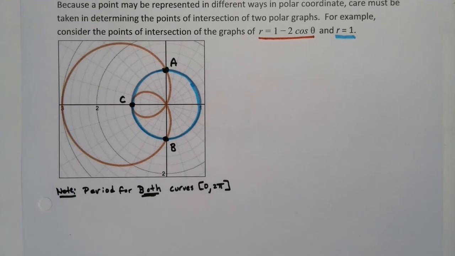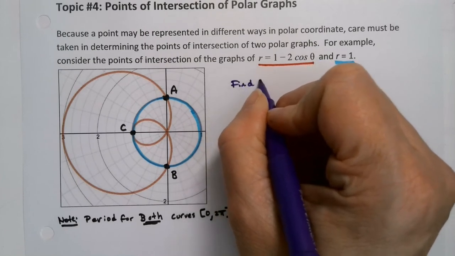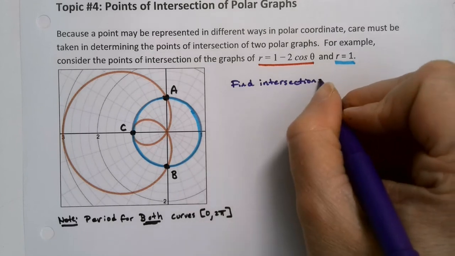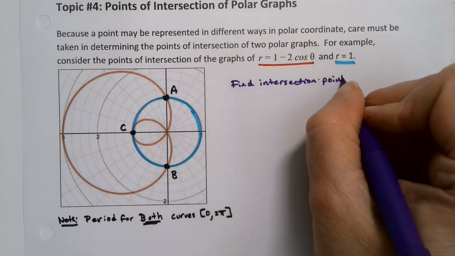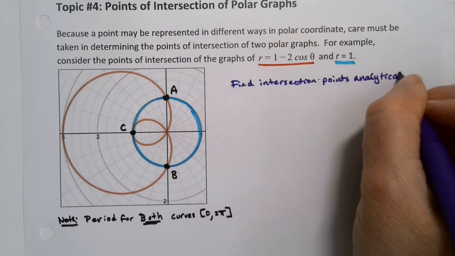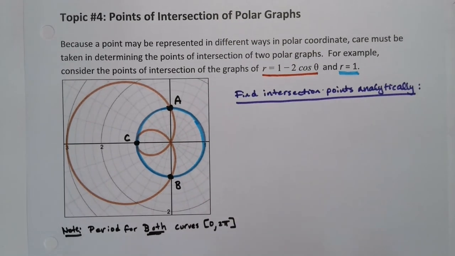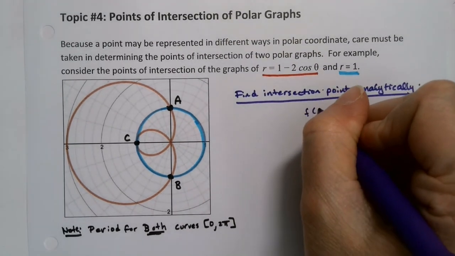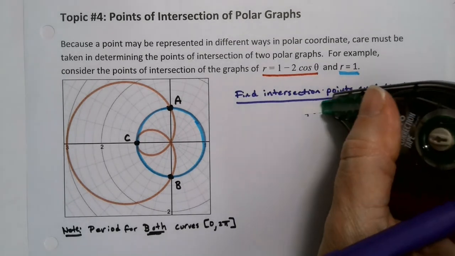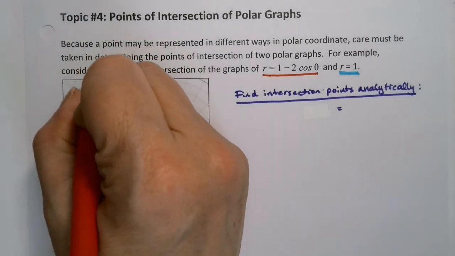Okay, so if I want to find intersections analytically, that would be setting the two equations equal to each other. I mean, we learned that in pre-calc. You let f of theta be equal to, in my case here, I'll color code them, so this is f of theta.